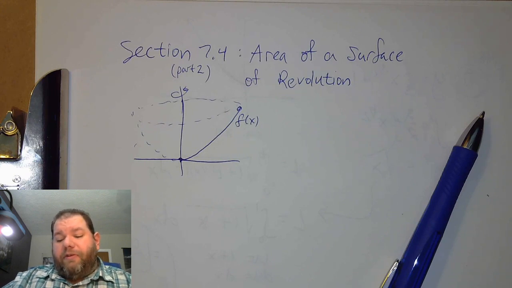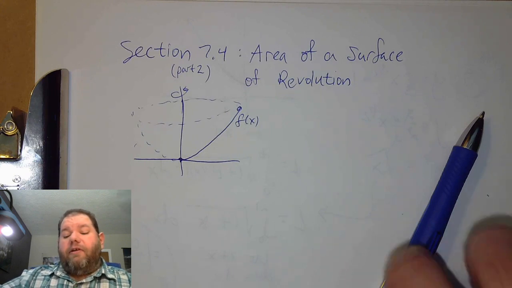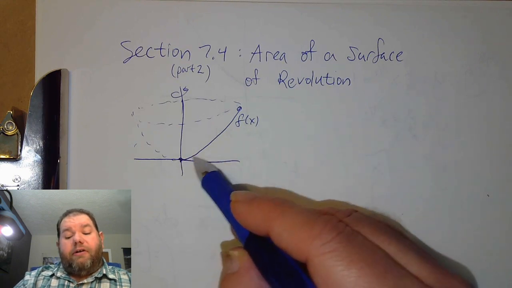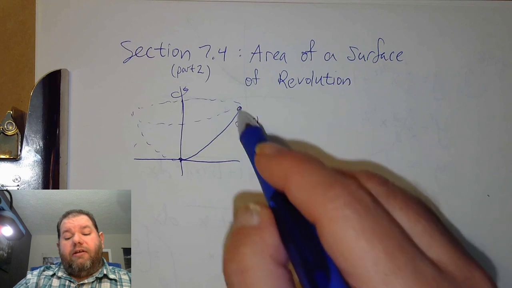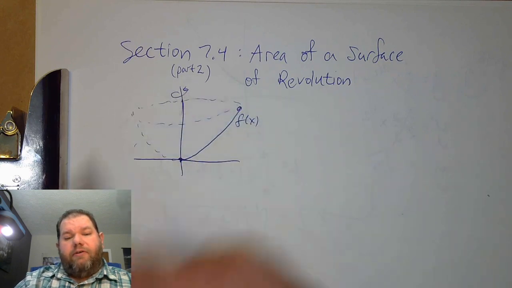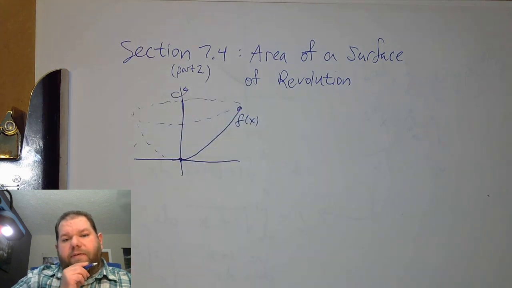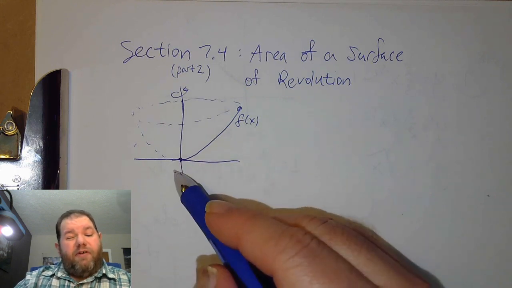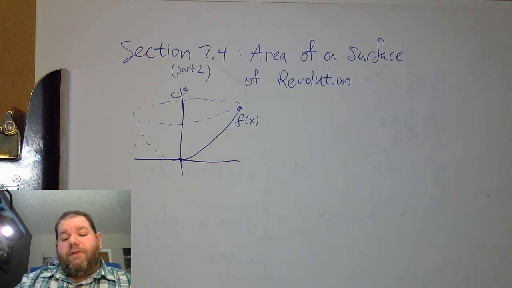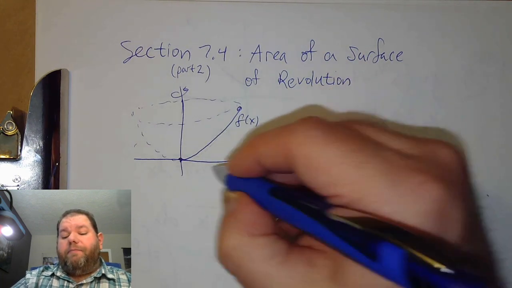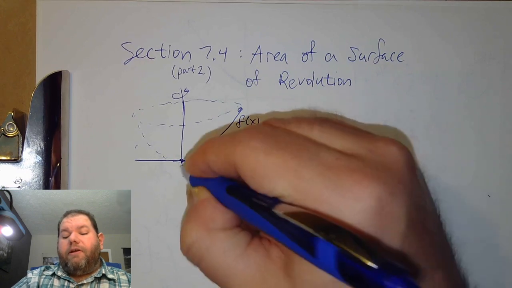Anyway, the concept is that we basically have this arc length that is being revolved around this vertical axis. And so when we think of this, it's kind of like a cylindrical shell, like I said, but it involves an arc length instead. So when we look at the formula for this, this is a to b.